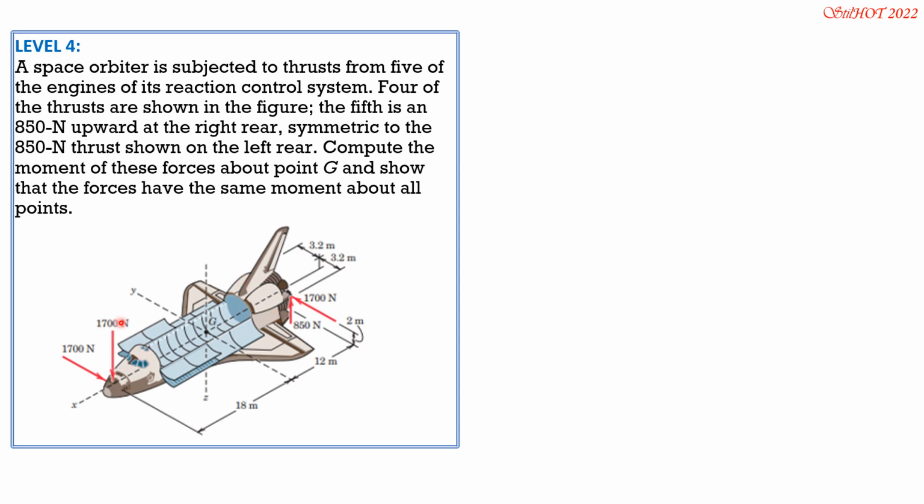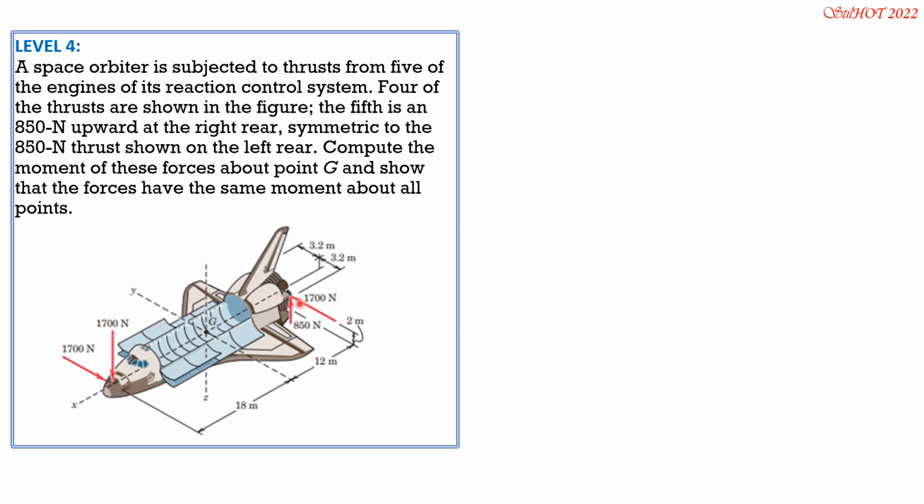So first, moment about the x-axis. This is the x-axis. 1,700 acts on the x-axis, same plane, 1,700 also. Then we have 850 right and 850 left, so same moment, so they just cancel about OX. So no moment for these two, and no moment for the two upward 850 forces.